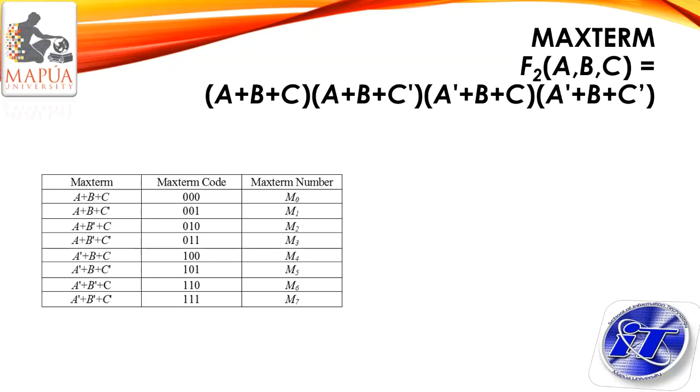A' + B + C is 1, 0, 0, so this is 4. A' + B + C' is 1, 0, 1, so we have 5. Therefore, the POM will be M0, M1, M4, and M5, the product of max term.